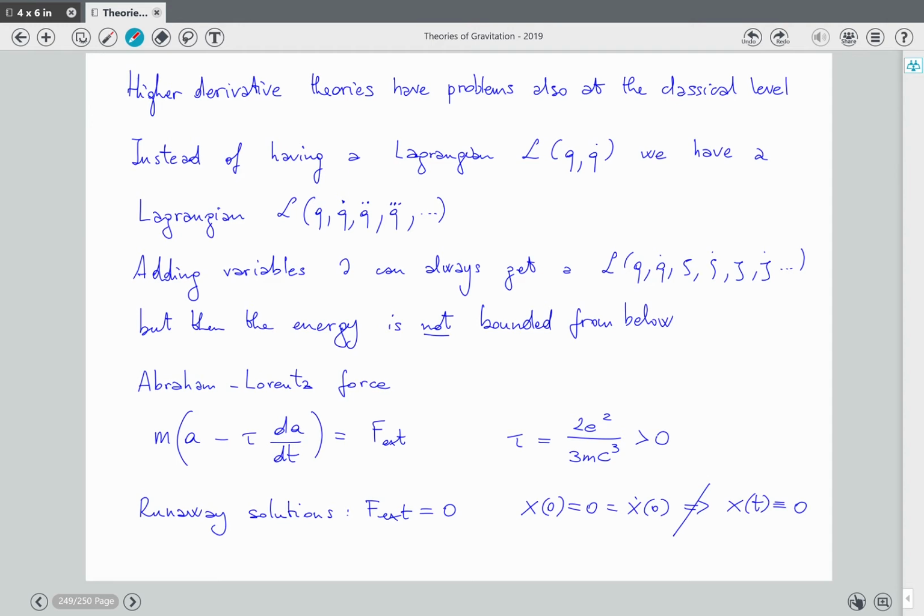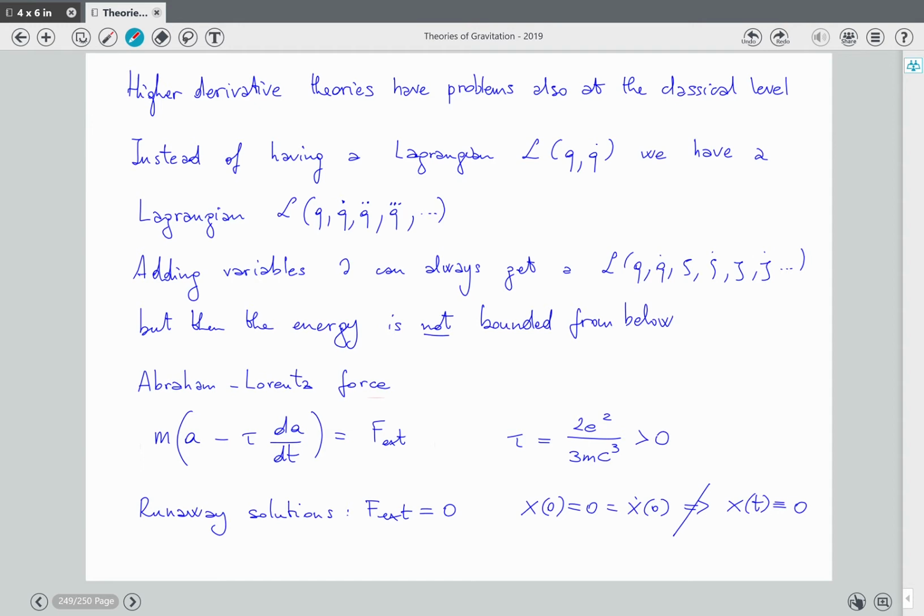But there is also an important case which can be used as a prototype to study what happens, which comes from classical electrodynamics, the Abraham-Lorentz force, which is described as an effective field theory there, described by means of higher derivatives.